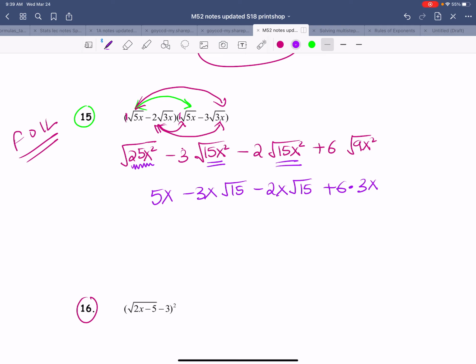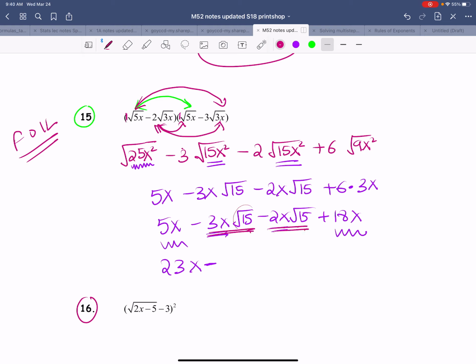Okay. Now, let's go ahead and combine the like terms. But before we do that, I am going to multiply 6 times 3x, which is 18x. Now, combine the like terms. 18x plus 5x is going to give me 23x. And negative 3x and negative 2x, these are the like terms because they have exactly the same radical next to it.